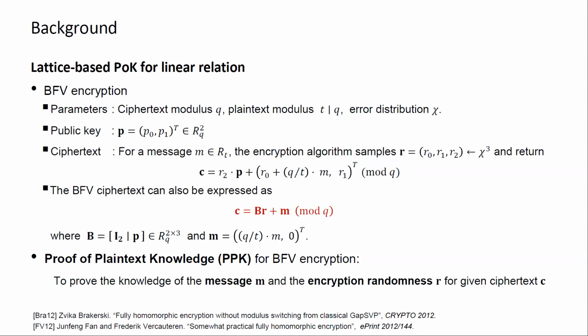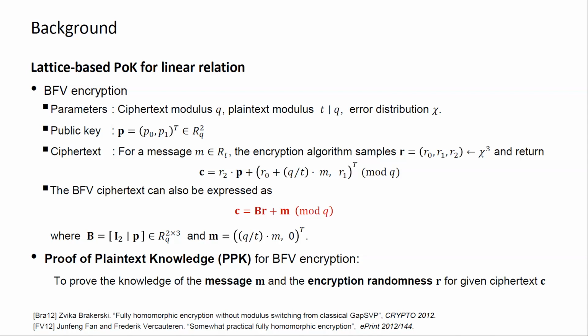We can find a lot of examples that satisfy this relation, so let me give you some. The first example is BFV encryption. BFV is a ring LWE based fully homomorphic encryption scheme, but it can also be regarded as a standard ring LWE public key encryption. The public key consists of a pair of polynomials, and the ciphertext is generated as follows. We multiply by a small polynomial R2, add small error polynomials R0, R1, and lastly add the encoded message.